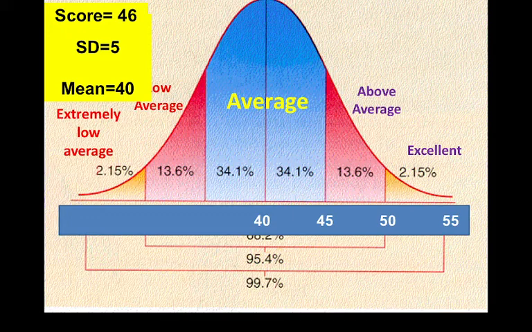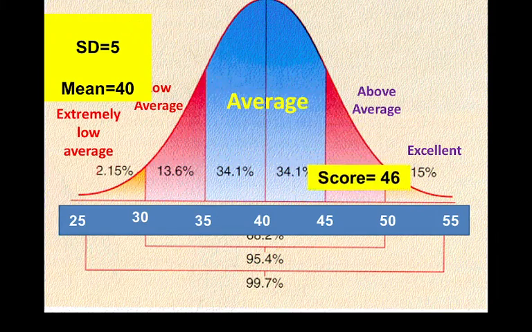Now, sa kaliwa naman, syempre, magma-minus 5 tayo kasi this is already below the mean. So, you subtract 5 from 40, another 5, another 5. There you go. So, ito na ngayon yung mga different possible raw scores within the normal curve. Given this system, now we can easily spot kung saan babagsak yung raw score na 46, right?